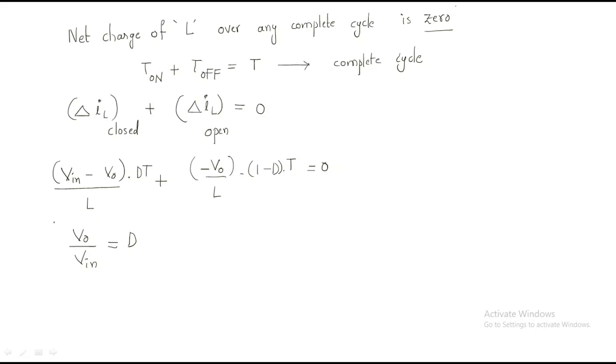What is V naught here? The output voltage is equal to D times the input voltage.